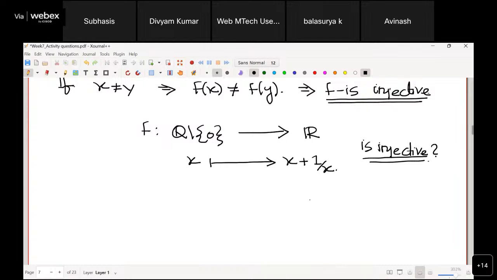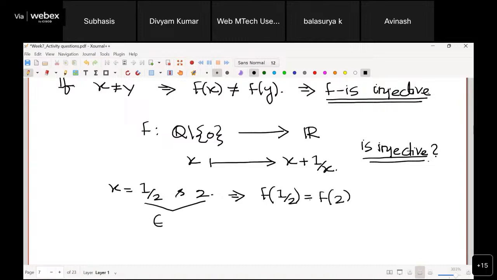At x equal to 1 by 2 and 2, the images of the function at these two elements are precisely the same. So f of half is the same as f of 2, and certainly half and 2 are non-zero rational numbers. So this argument makes sense, which means f is not injective.